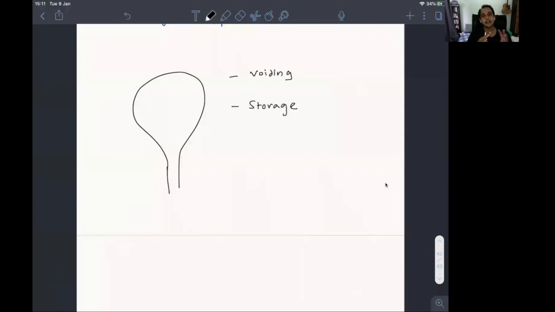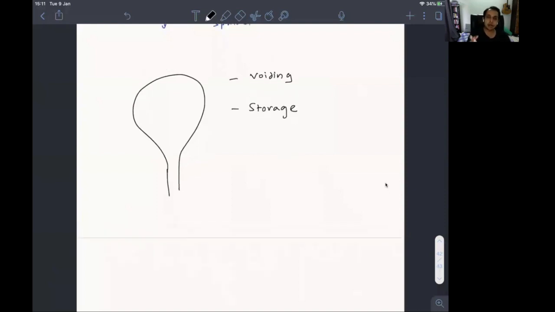And the entire discussion of bladder function is about how does the brain balance between these two states. So you can imagine if it is like a seesaw, you have voiding on one end and storage on the other. And the brain has to balance between these two.